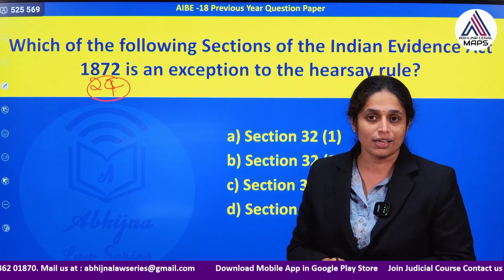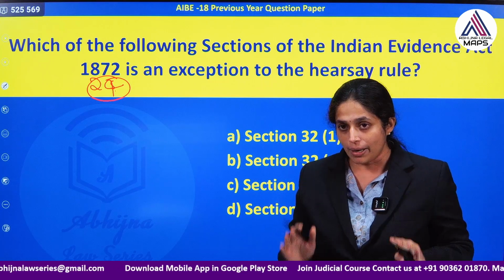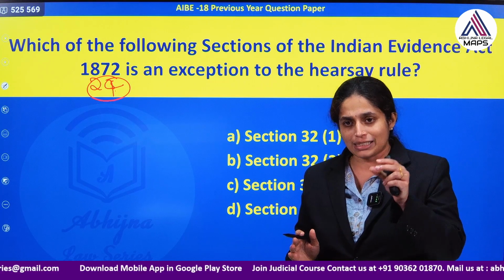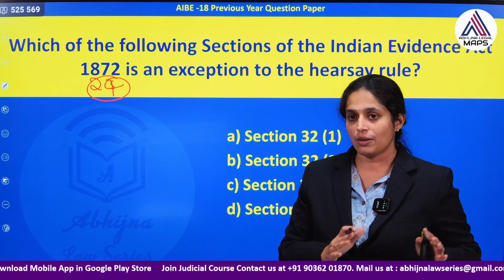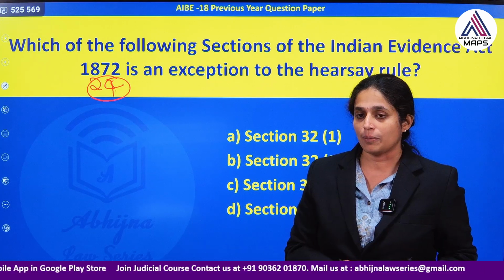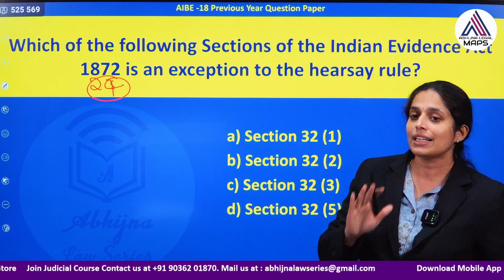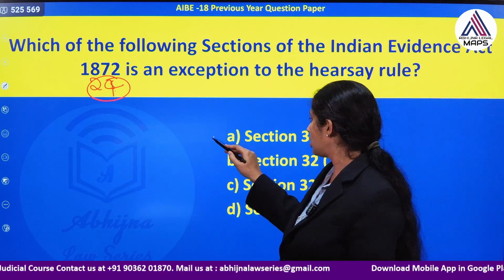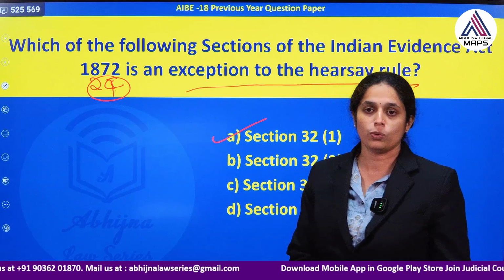That is not direct evidence, that is indirect evidence. Hearsay evidence is not permitted, but due to some reasons, some exceptions are there. Some hearsay evidence is also allowed in the Indian Evidence Act. They can be admitted as evidence. One such example is dying declaration, which is given under section 32(1). So they serve as an exception to the hearsay rule.